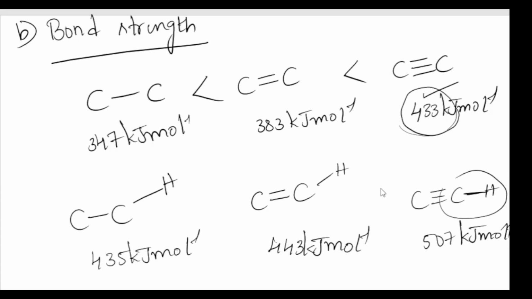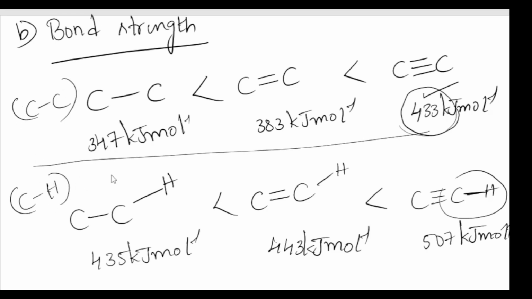This is how we can give the values. Here I'm talking about carbon carbon single bond, and here carbon and hydrogen, so we can see these two cases. Then we'll move on to the last thing, which is bond angle.